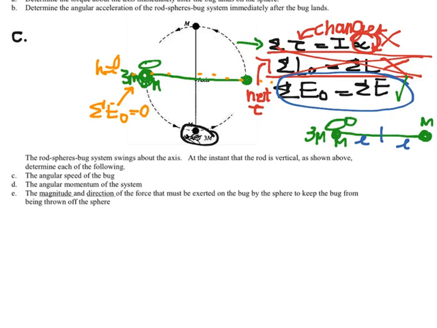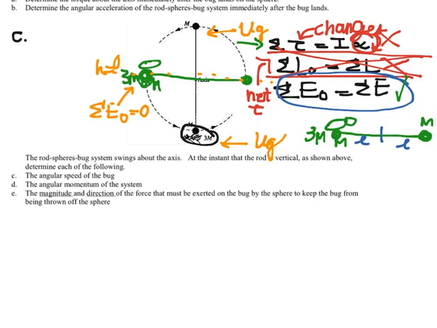Now, at the end, we have this tricky situation where one of our masses has gone up and one has gone down, but they both separately have UG. And they're also both moving together.